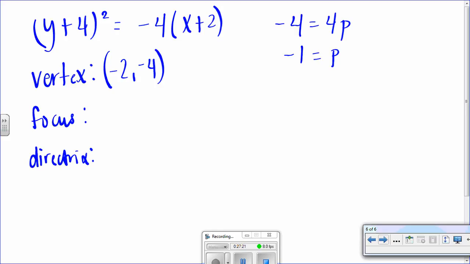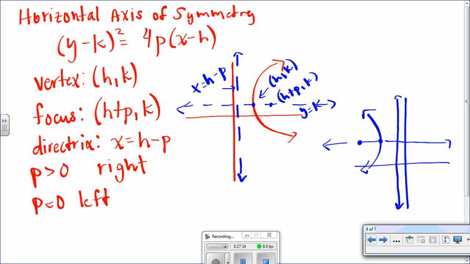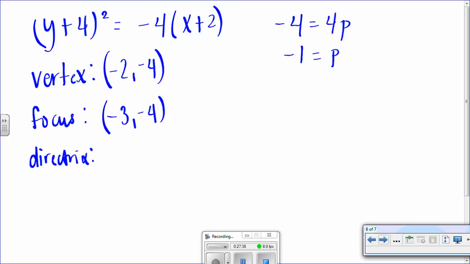H plus P is negative 3, so negative 3, comma, negative 4. Directrix: X equals H minus P. Negative 2 minus negative 1 is negative 1.